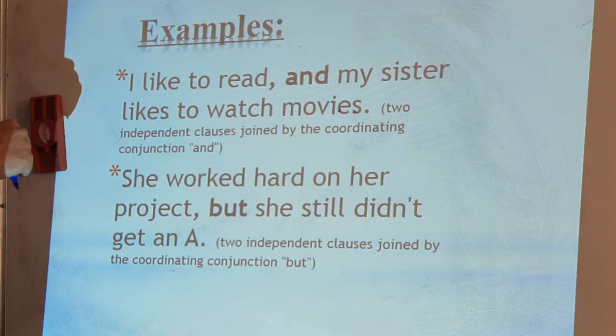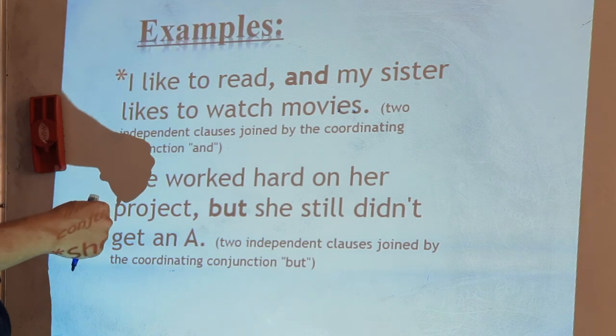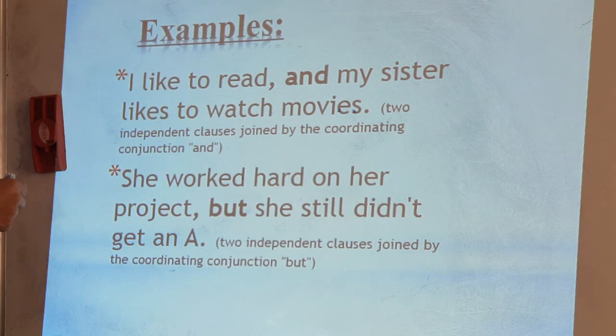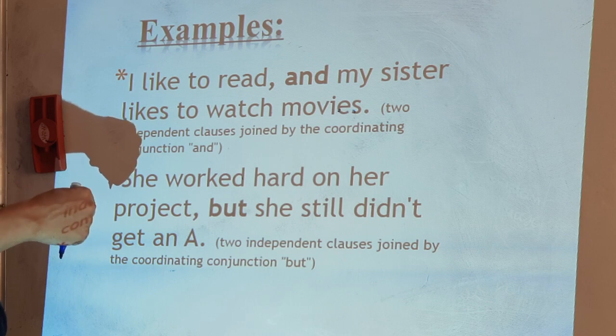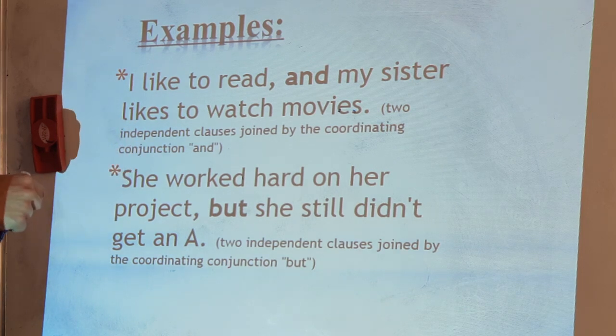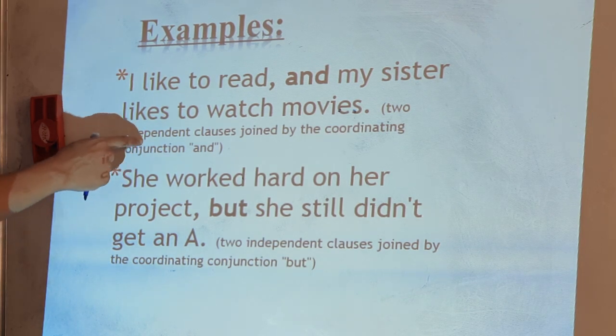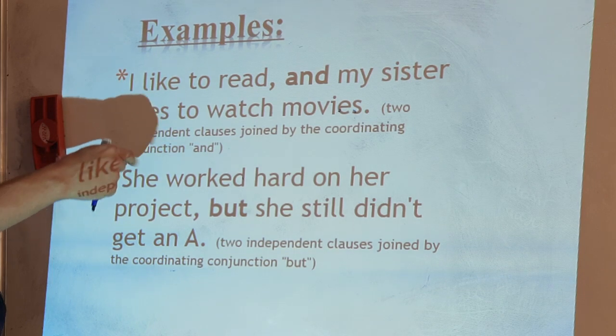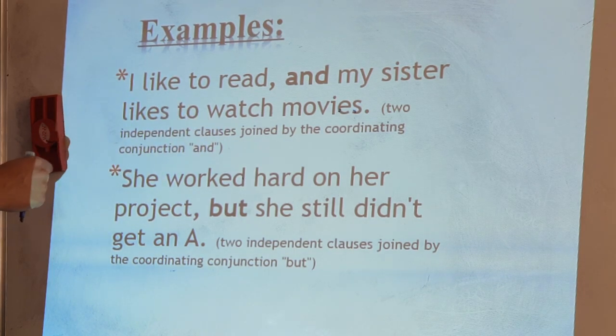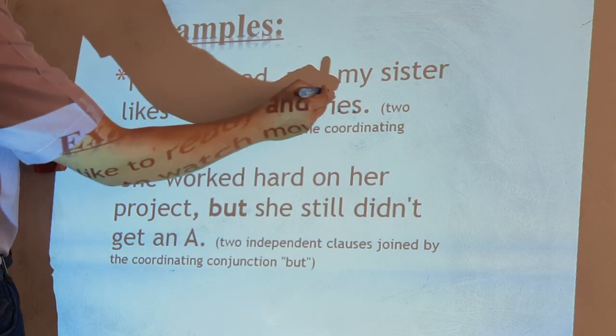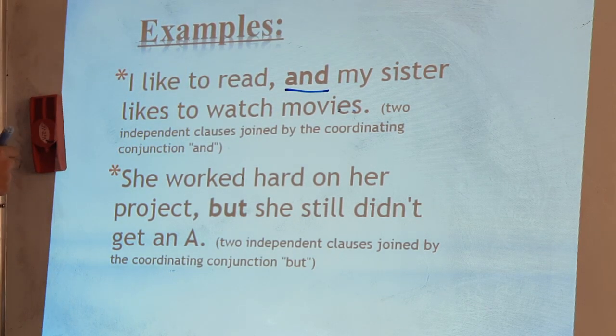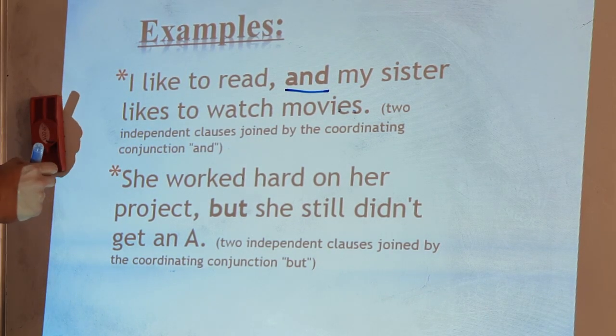Of course it has meaning. What about the second one, which is, and my sister likes to watch movies? Yes, it also has meaning. Two independent clauses joined by a coordinating conjunction, which is and. And is one of the fanboys.